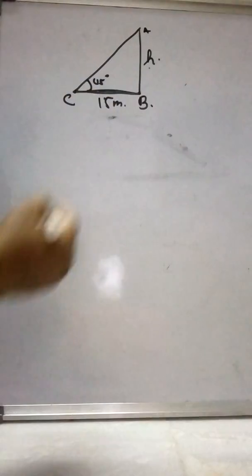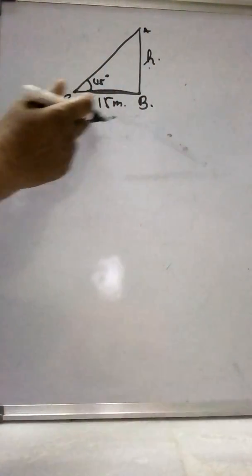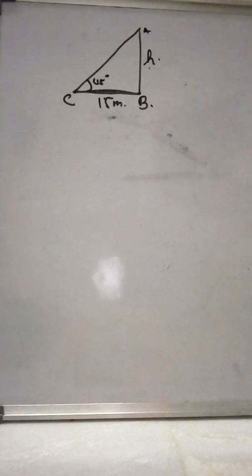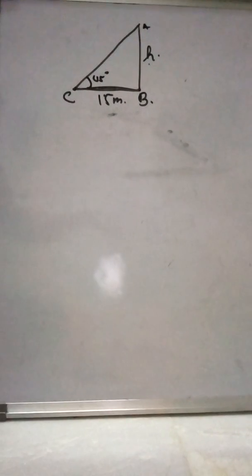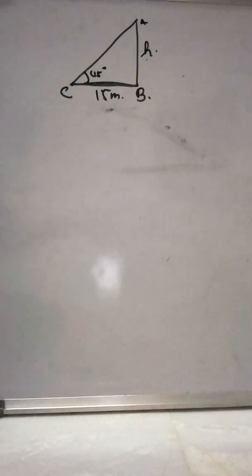Since I have to find the height of the tower, for this angle this becomes the opposite side and this is the base. We have the ratio opposite by adjacent, or base, is tan theta.